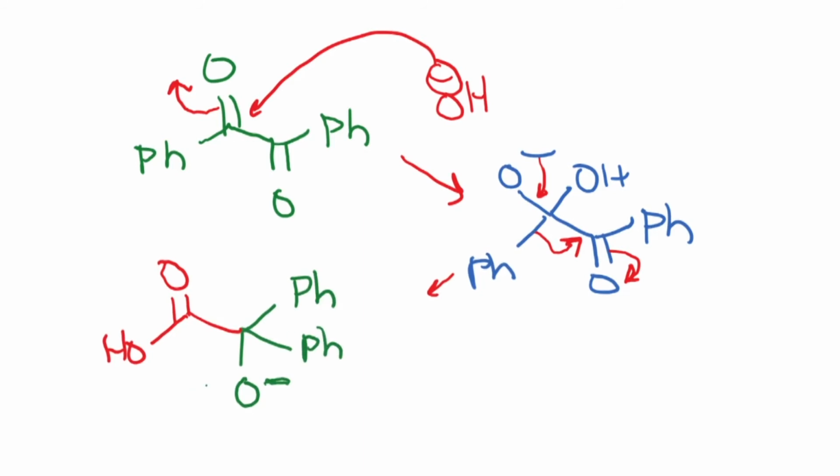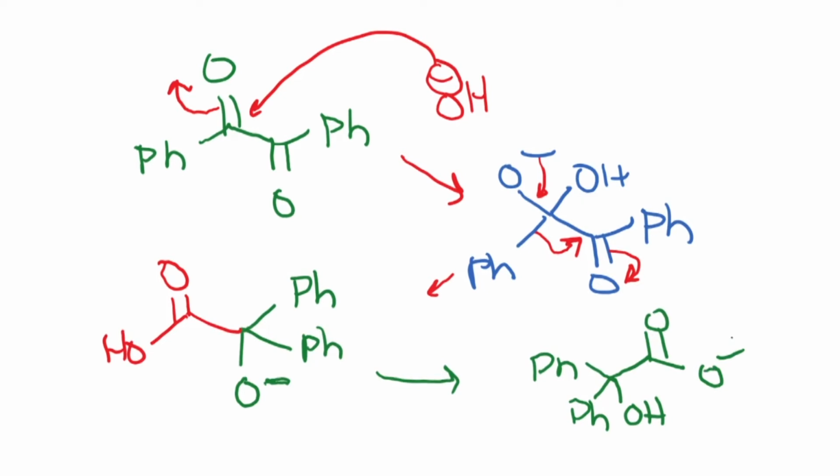Subsequently, this is a strong base and this is a good acid, so this is going to rearrange and give you the desired product, which is Ph, Ph, OH, C double bond O, O minus. So this is called the benzilic acid rearrangement, and this product that is shown here is actually benzilic acid.